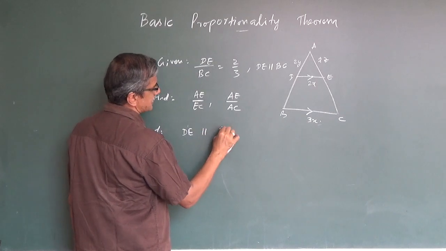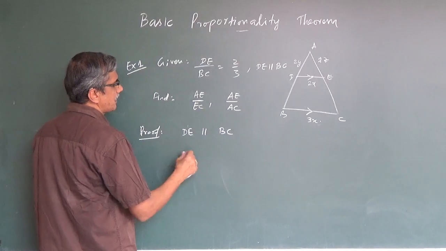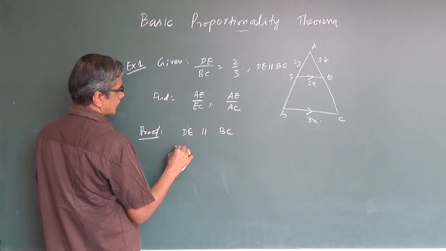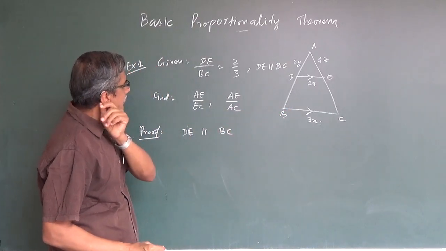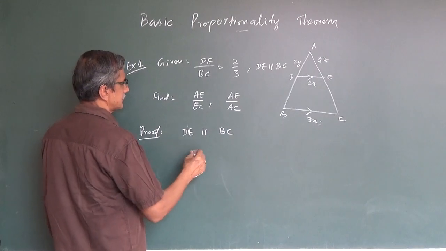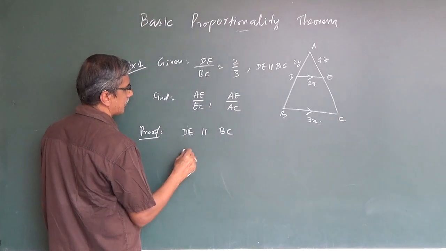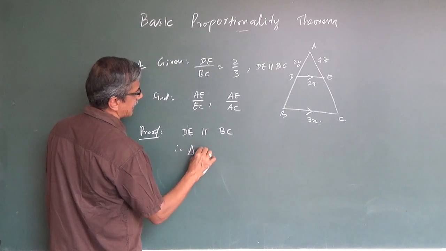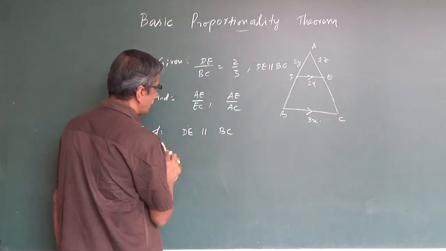DE is parallel to BC, and therefore by basic proportionality theorem, we can write all these things.